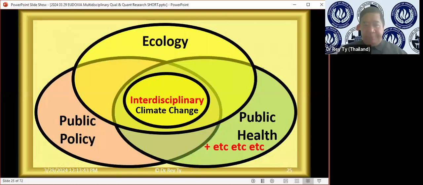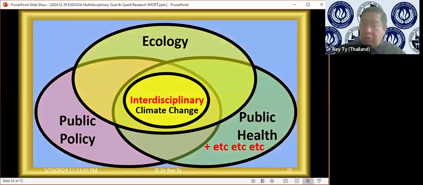It's a little different. For example, to study climate change, we have to look at ecology, which is the science of the study of nature, which is wrongly used every time when people say, I want to be ecological. They mean I want to be environmentally friendly, because environment is a common term. Ecology is a scientific term of the study of the processes, the water cycle, and so on and so forth.